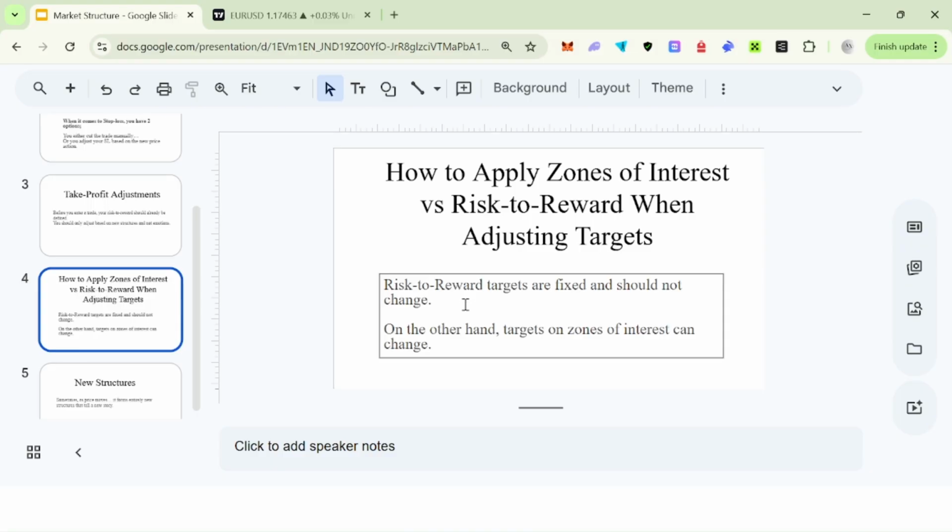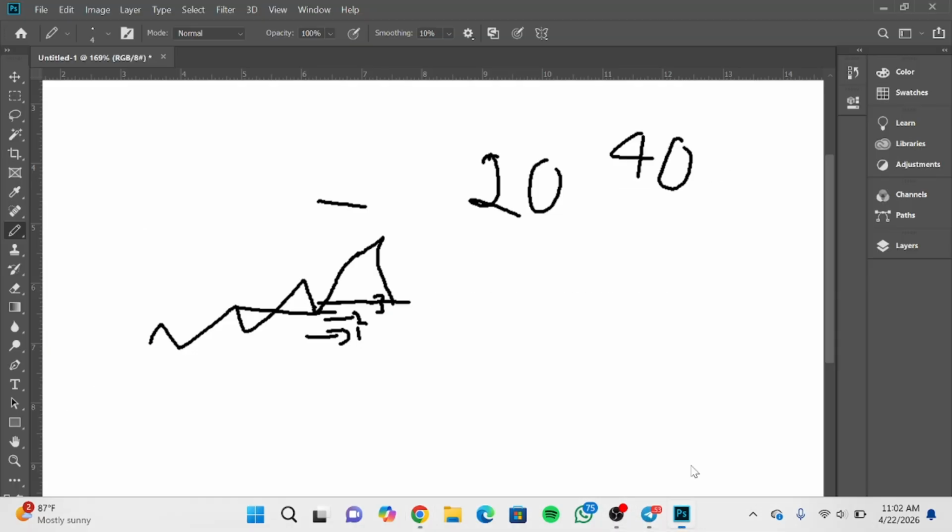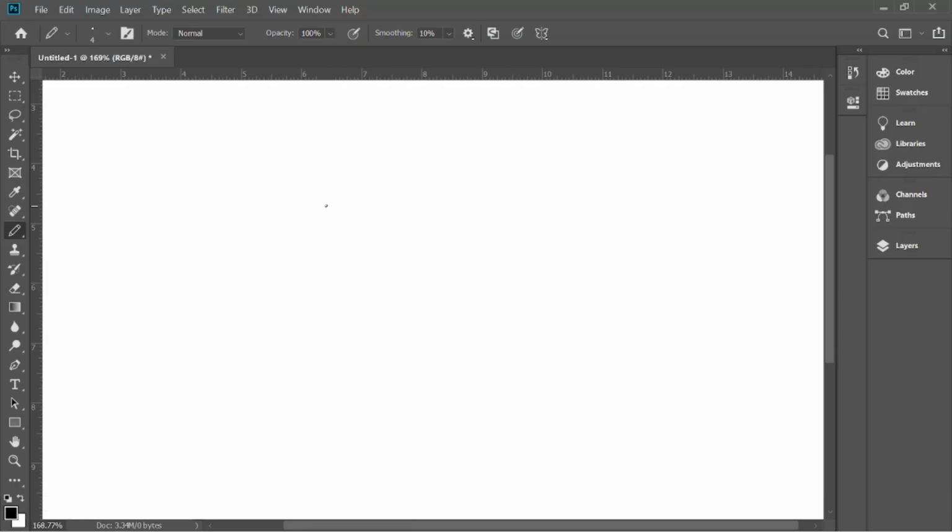So let's say your target is $5 on an uptrend. Let me illustrate this. Price is moving and moving, and your target is $5.